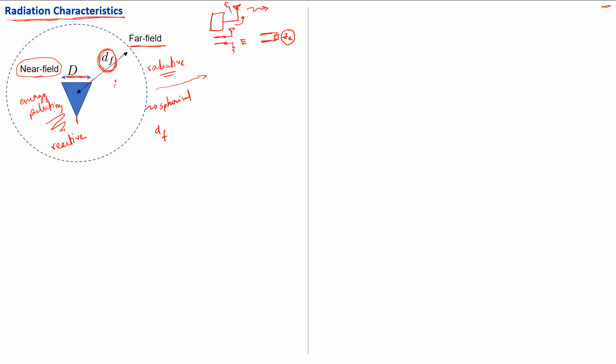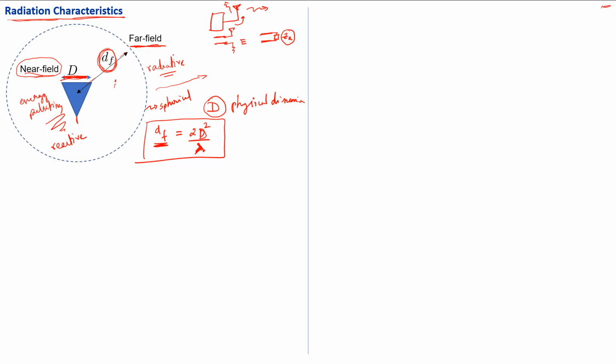For aperture antennas, where the maximum physical dimension of the antenna is D, the distance that separates the near field and the far field, DF, is estimated to be 2D squared over lambda. It is a function of frequency, captured by the wavelength here, as well as the physical dimension of the antenna.